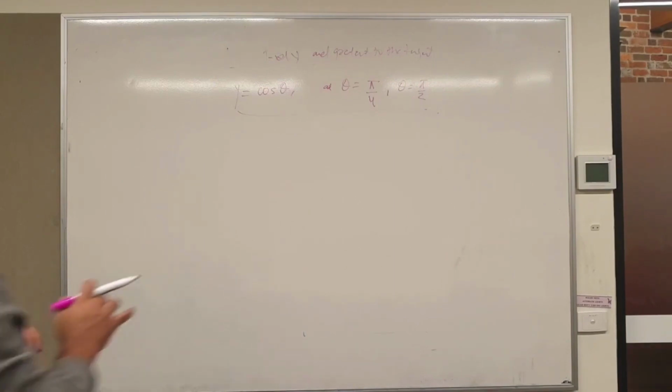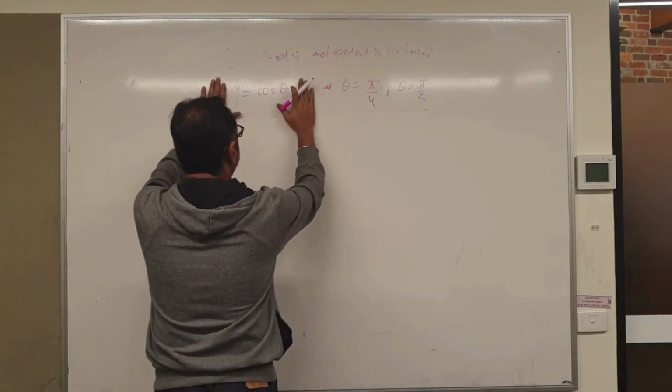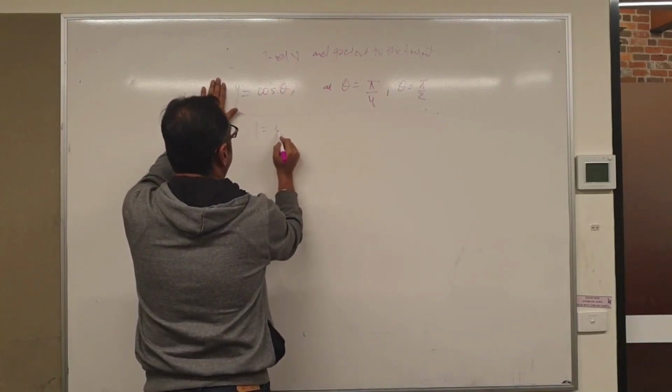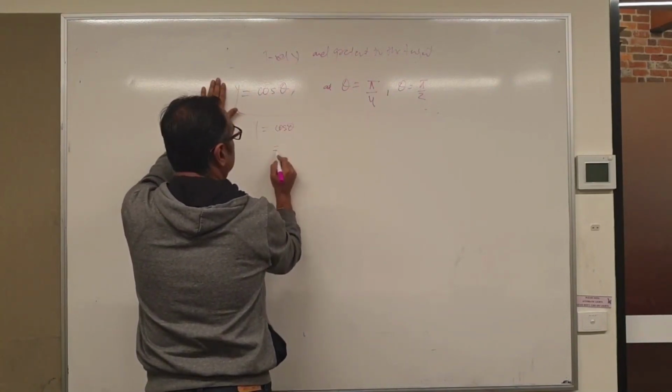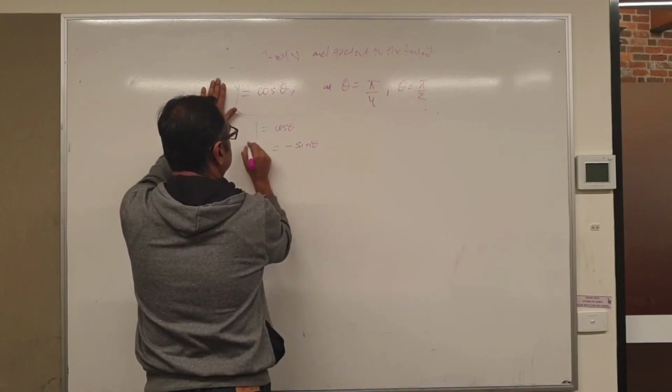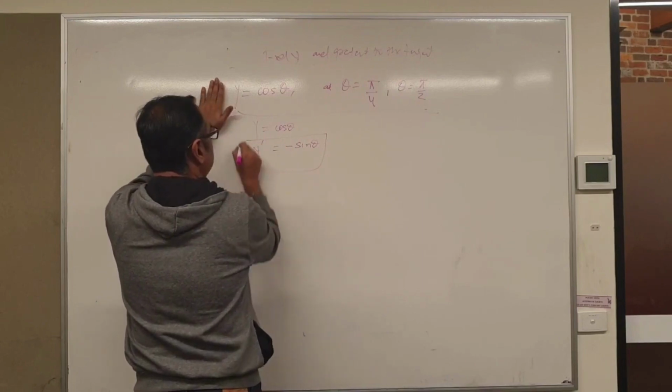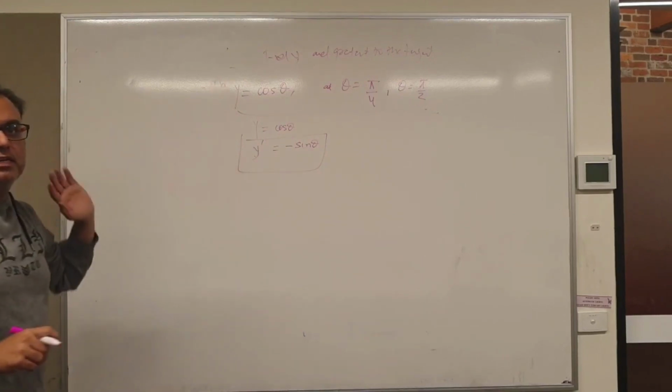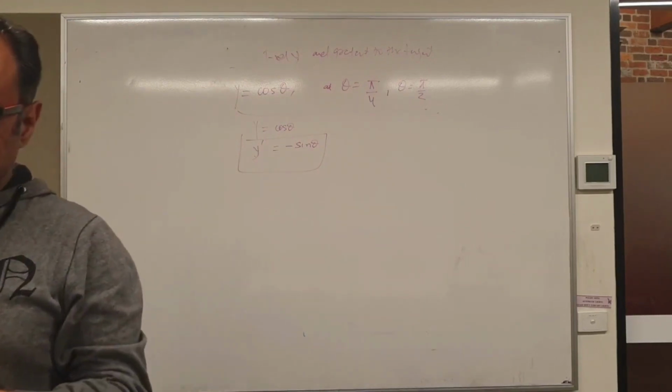What is the gradient of the tangent for this function y equals cos theta? Negative sine theta. Good. So you found y dash or f dash x or dy by dx. Then what is the next step?